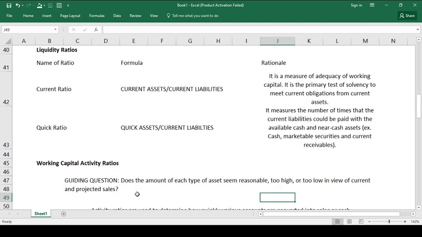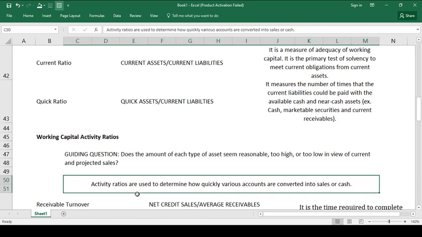Okay. Let's proceed to the working capital activity ratios or the activity ratios. The guiding question on the activity ratio, or to know the purpose of the activity ratio, is: does the amount of each type of asset seem reasonable, too high, or too low in view of current and projected sales?